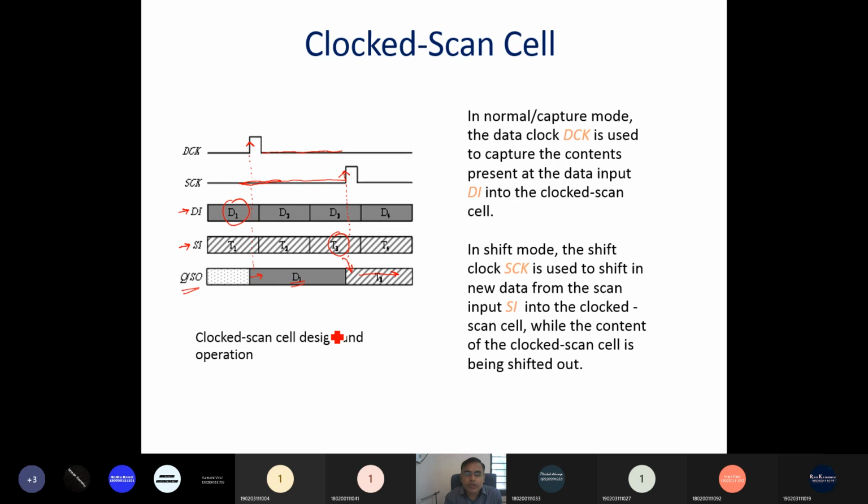So it is very simple. At the positive edge of the data clock, DI is loaded into the Q, and at the positive edge of the shift clock, whatever is at SI is loaded into the Q. So it is simply a two-input D flip-flop, which has two clocks.